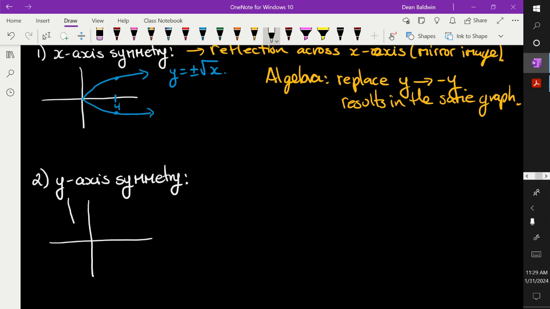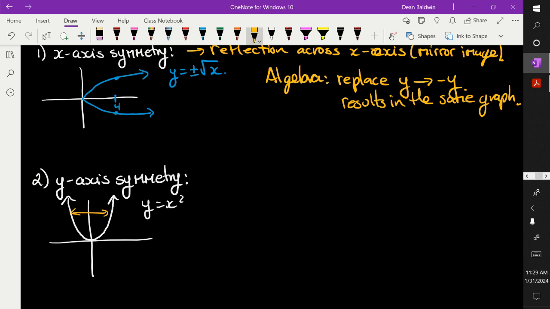The simplest example of this would be a parabola. It has symmetry across the y-axis. If I flip it across like that, whoosh, I get the same graph. How do you flip across the y-axis? What do you replace?